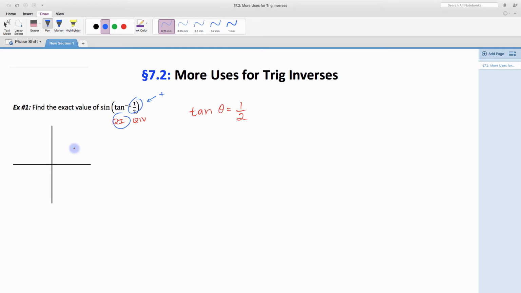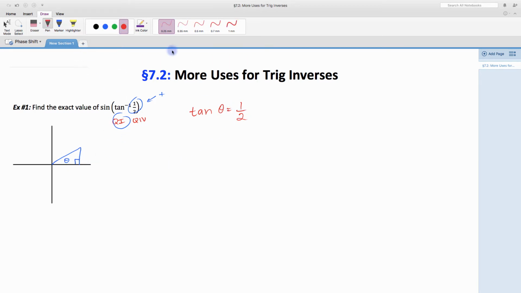So let's go ahead and draw a triangle so that we can evaluate this. The reason we have to draw a triangle is because 1/2 is not a value that we know for the tangent. So here's theta.